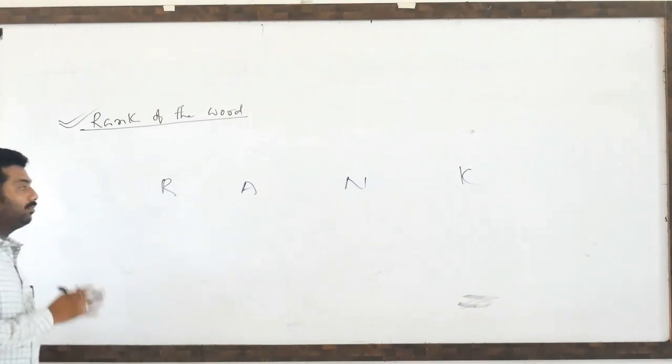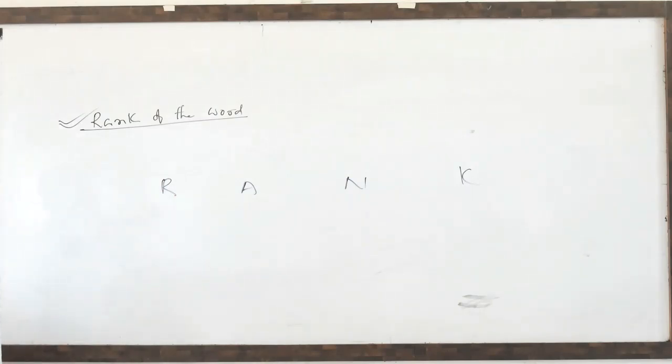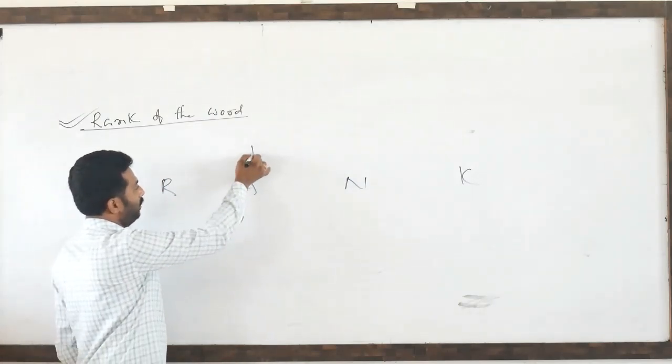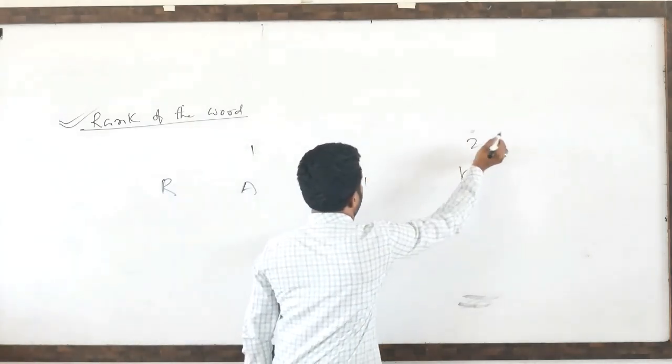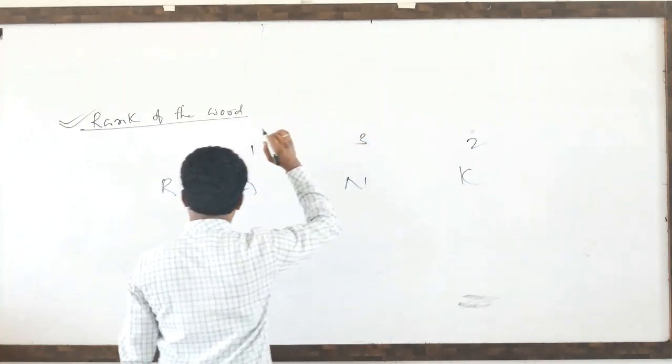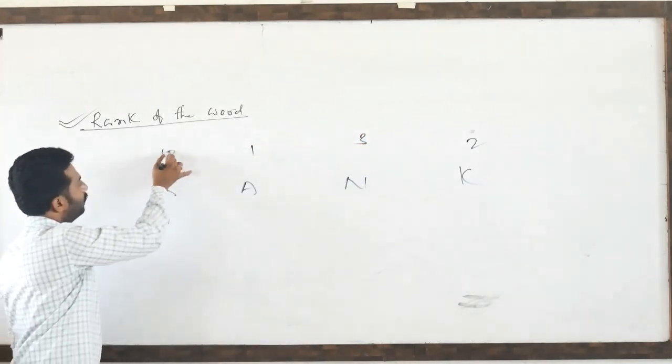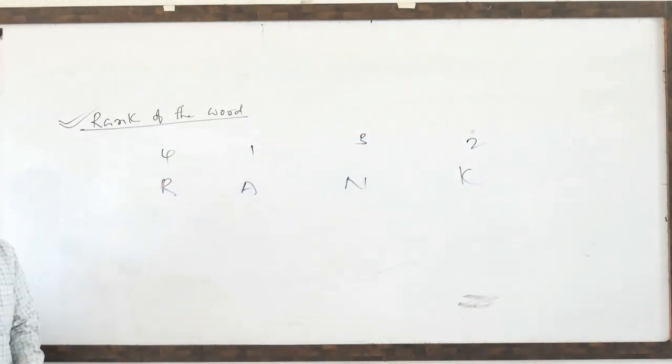What is the rank of the word RANK? So according to alphabets, A, B, C, D, F, G, H, I, J, K, L, M, N, O, P, Q, R. See here.